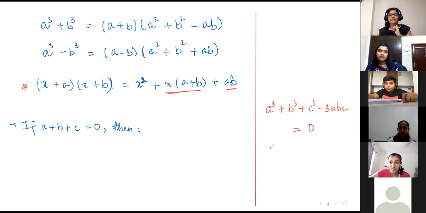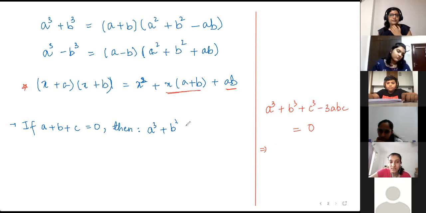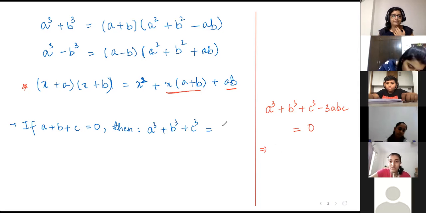इसका मतलब ये है कि if I rearrange it, then what will be the value of a cube plus b cube plus c cube? What will it be equal to, if the value is 0?